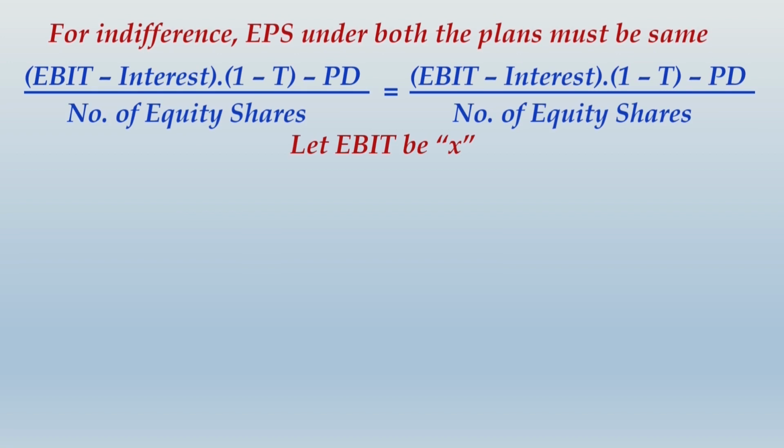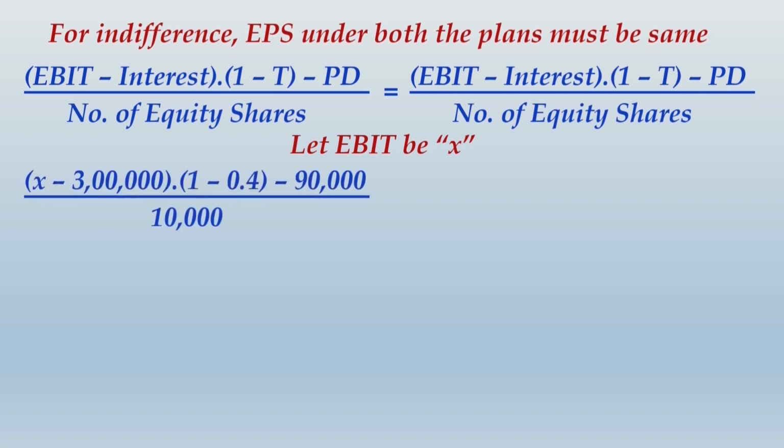Then for the other bracket, 1 minus tax rate, I would write 1 minus 0.4, and then minus PD, PD standing for preference dividend, minus 90,000, and dividing it by the number of equity shares, which will be 10,000 shares. So this is how I will get the EPS for option 1.